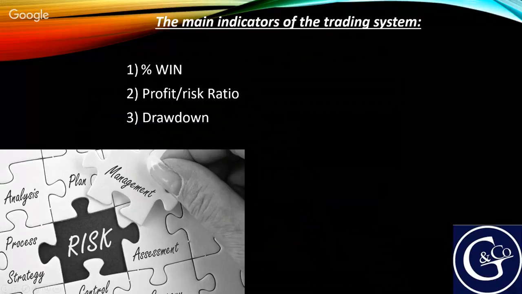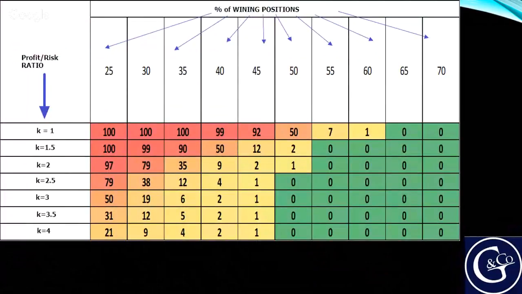Okay, and so let's pay attention to this picture. I wanted to add some clarity about what I want to say about probability, about percent of winning positions, profit risk ratio.